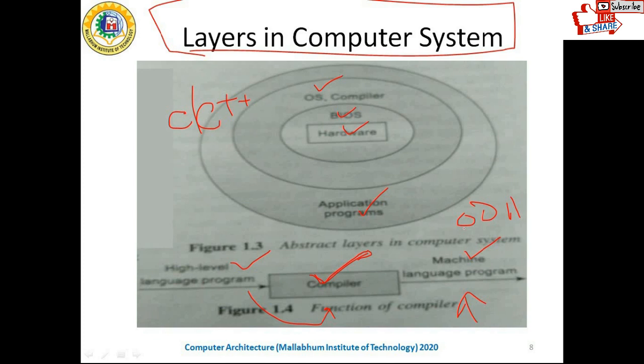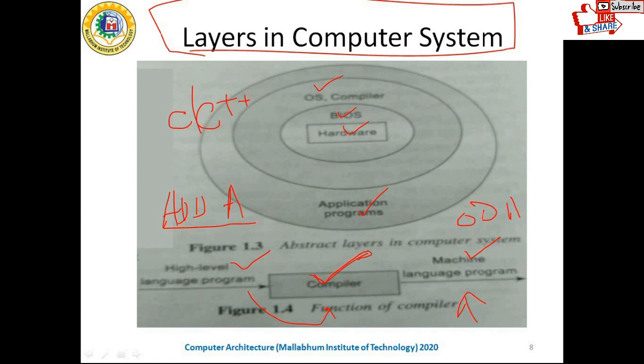And if you want to write a program, suppose in the microprocessor you have written an instruction like add accumulator. That instruction is familiar to humans and you can memorize it, but this instruction cannot be understood by the computer.